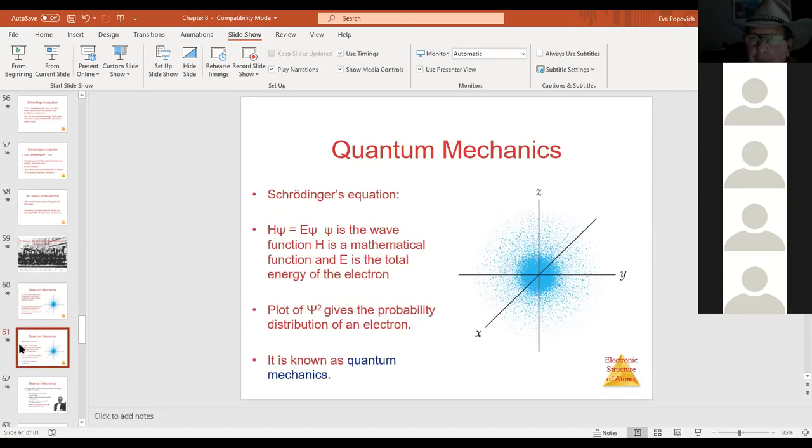And eventually, his equation gets solved to the point where it is H psi is equal to E psi, where H is a mathematical function and E is the total energy of the electron. If we plot psi squared, that gives us the probability distribution of the electron.